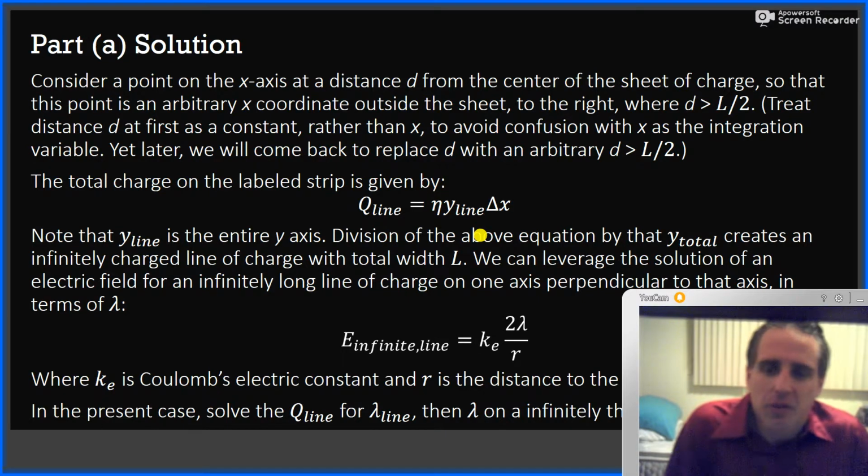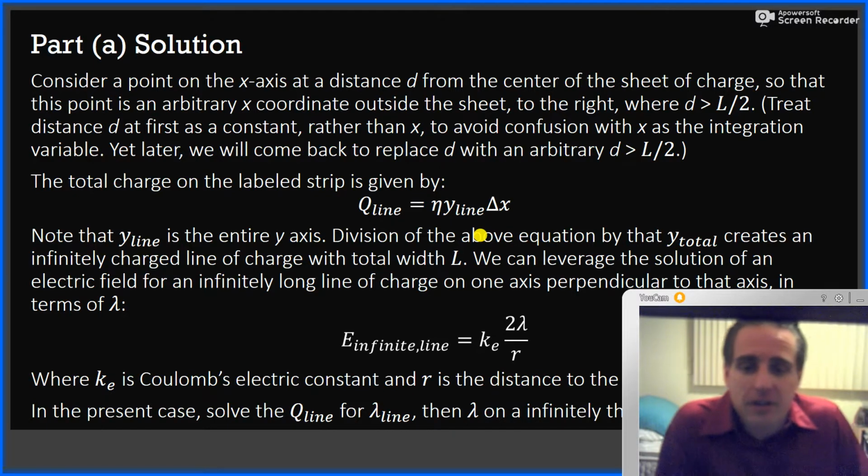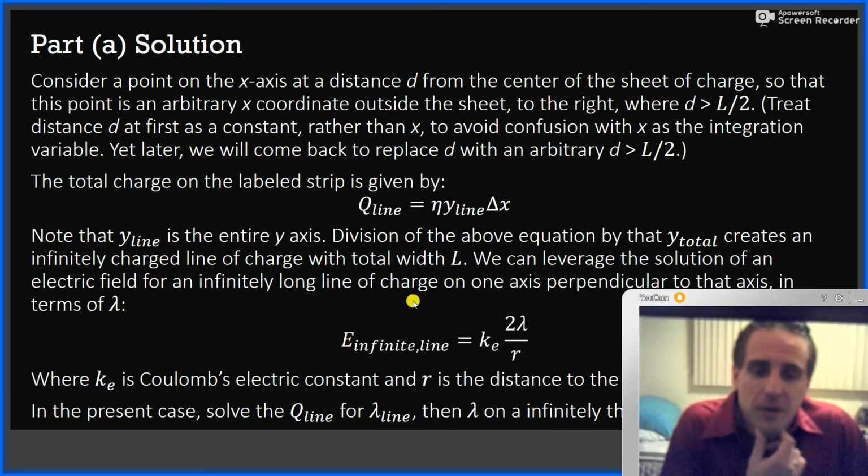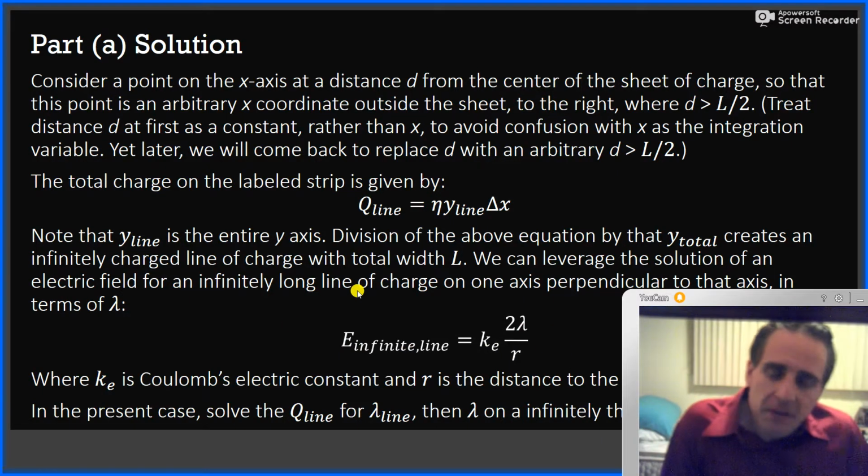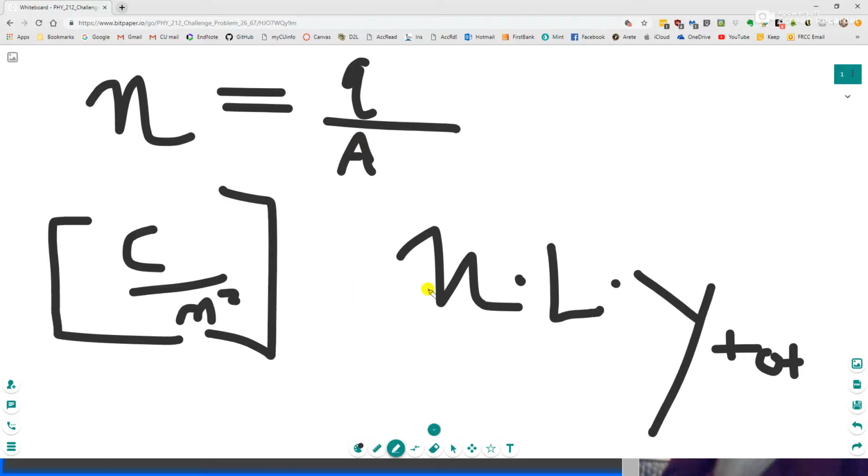So we're going to need to leverage also in this problem the electric field from an infinite line of charge. Now, why is that? Well, let me go on to the next page here.